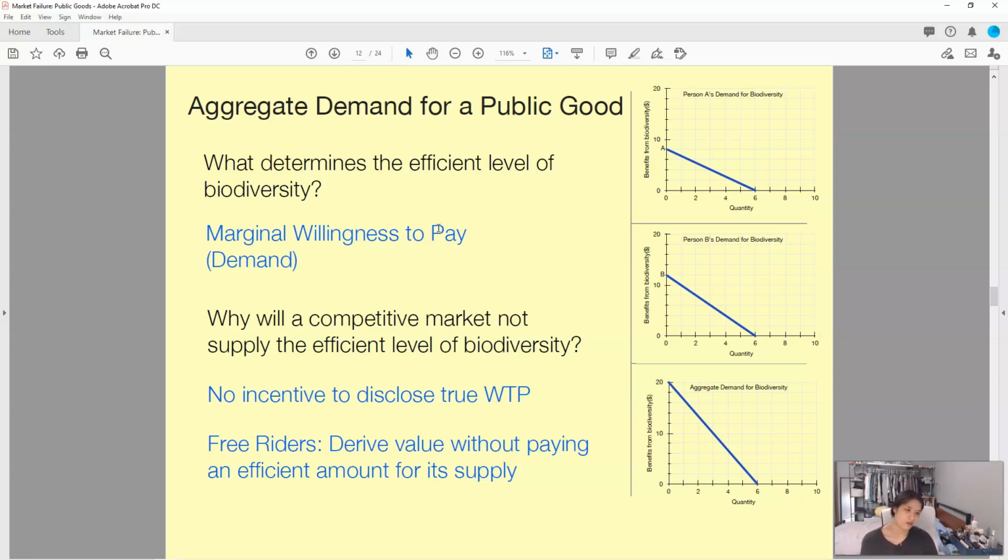Like think about national defense. The national defense is going to protect the whole country. So if you live in this country, whether you pay for it or not, no matter what, you will be protected, right?